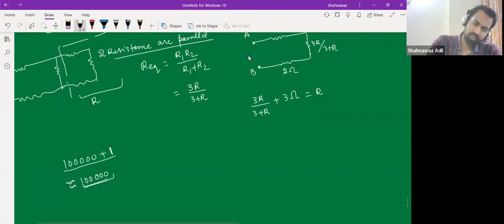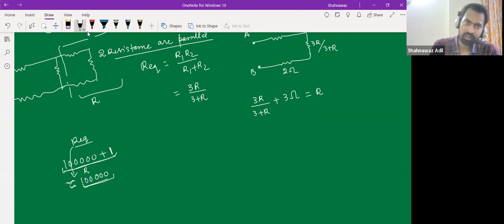Okay, so this is how you solve the infinite series problem: you find the repeating part, put it as R, and the R equivalent is also R. So this is R equivalent, and this is equal to R. This was the whole idea.